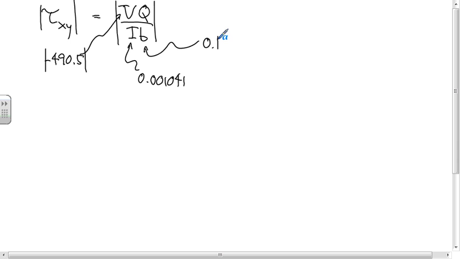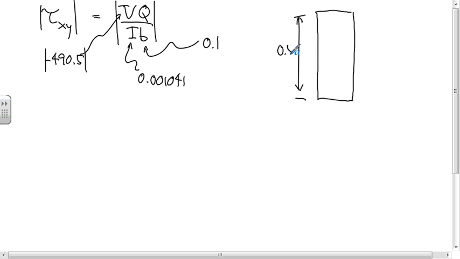So now we have to calculate Q. What we're looking for here is the area of this shaded region times this value YC.